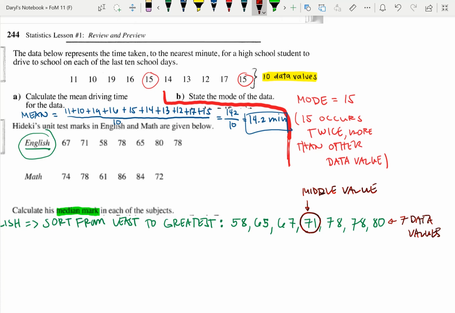So therefore, you would say median for English is equal to 71.